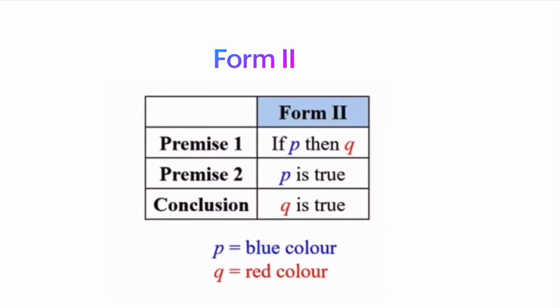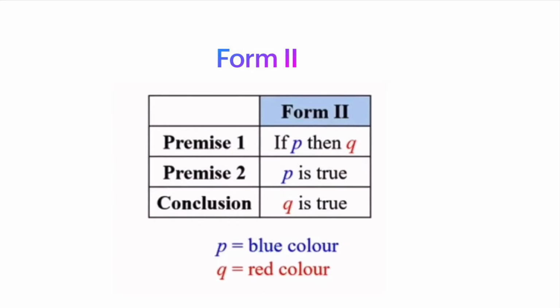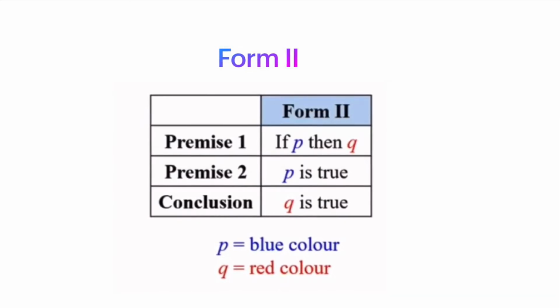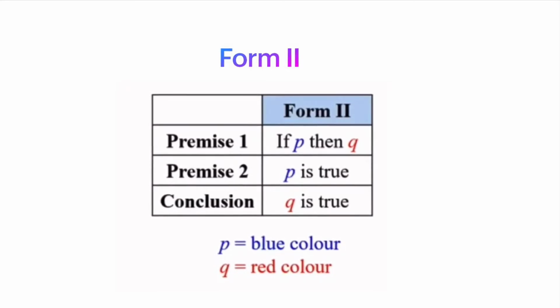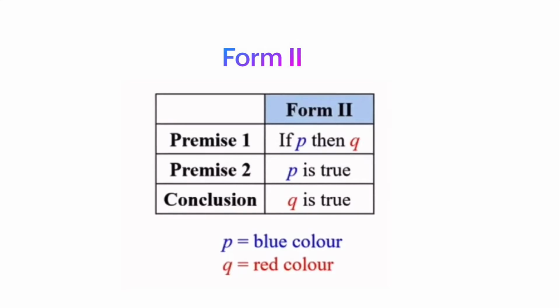For form 2, we have premise 1: If P, then Q. So we have if and then. Compared to just now, where we had or, this one we have P and Q. If P, then Q. P is true, Q is true. So we will use a blue color for P and the red color for Q, and make sure you have if and then for premise 1.